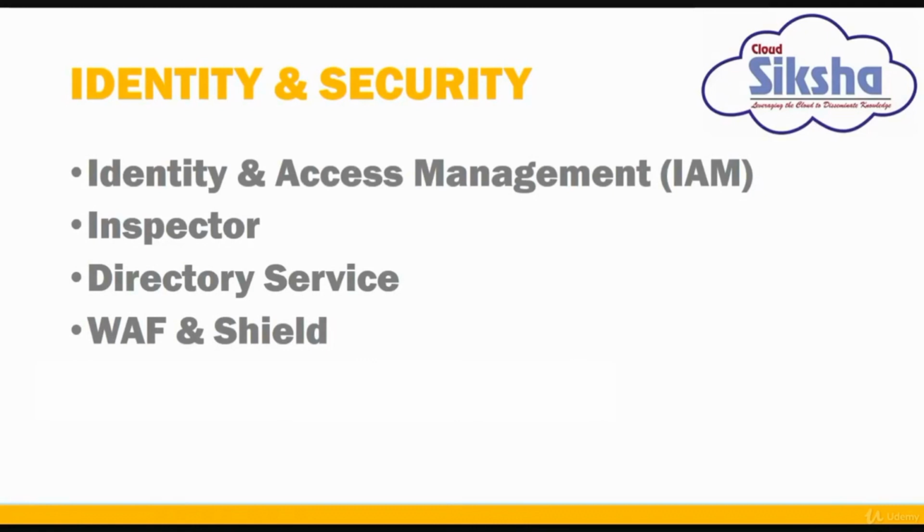The first and the very important part that AWS offers is known as Identity and Access Management. Identity and Access Management is the one which allows you to create users, which allows you to create groups, which allows you to create roles, and you'll find that we will make use of this service a lot when we are doing various modules.